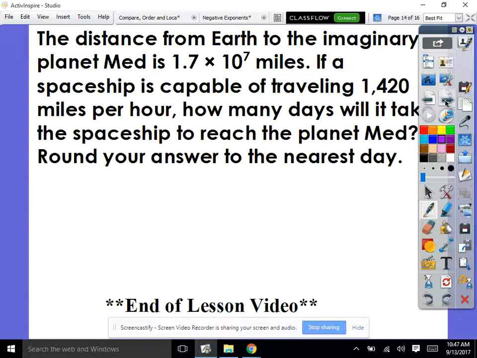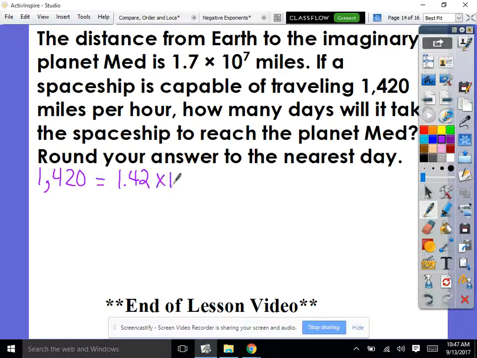Okay, well, first of all, I want to write this 1,420 in scientific notation. So 1,420 would actually be 1.42. Step one, rewrite it with the decimal after the first natural number.